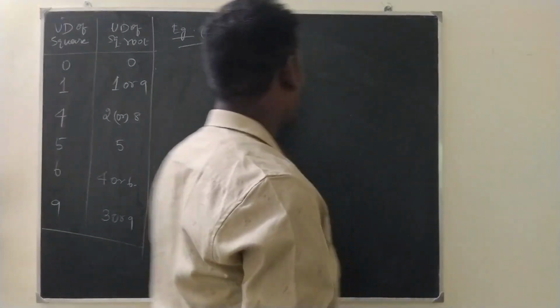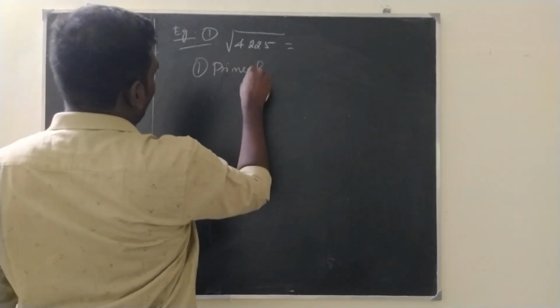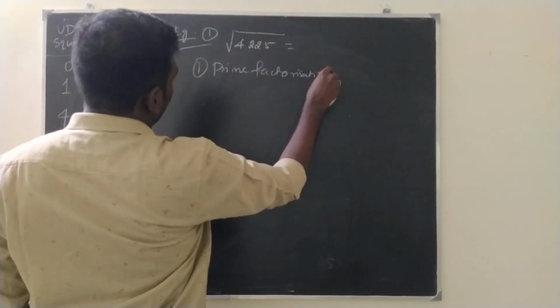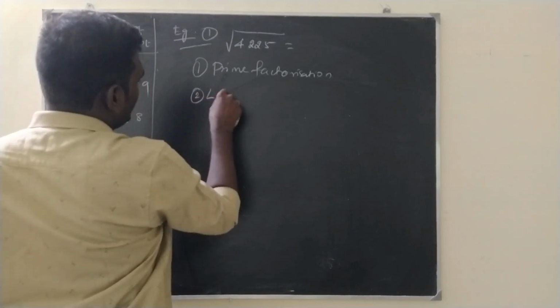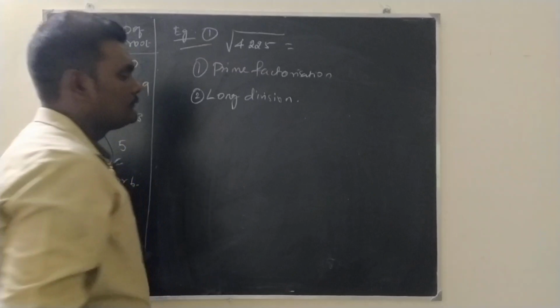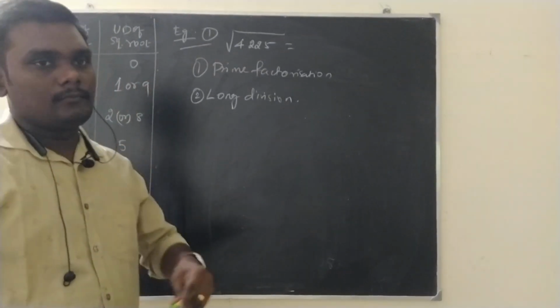The first method is prime factorization, and the second one is the long division method. First, let us see the prime factorization method.